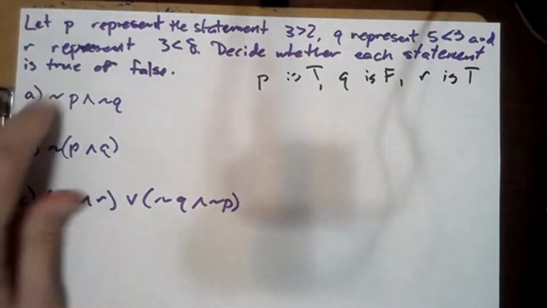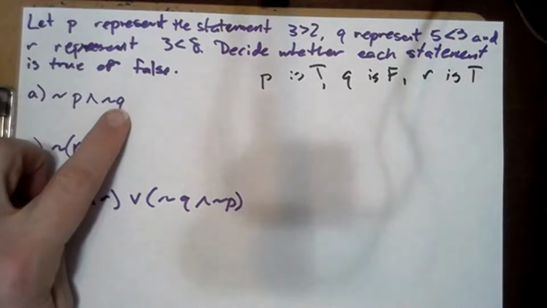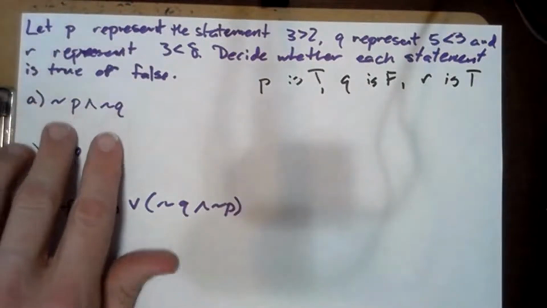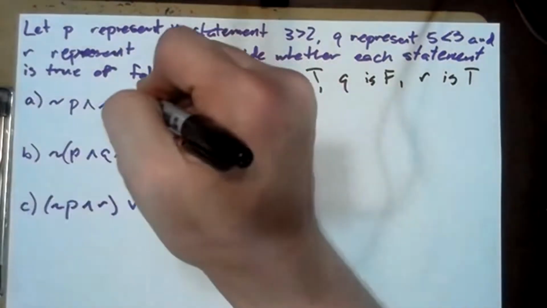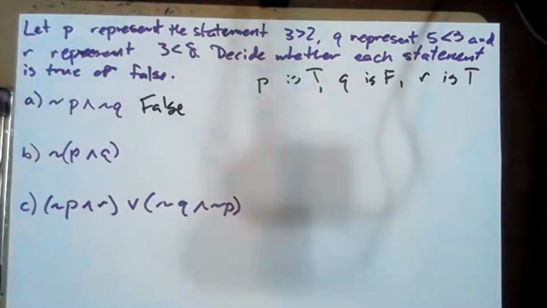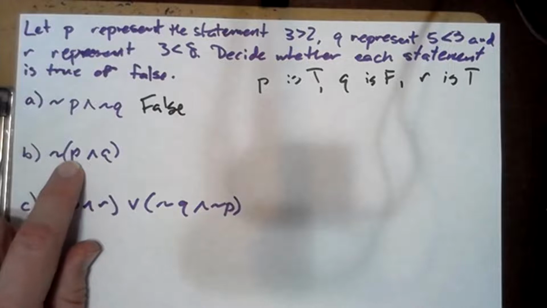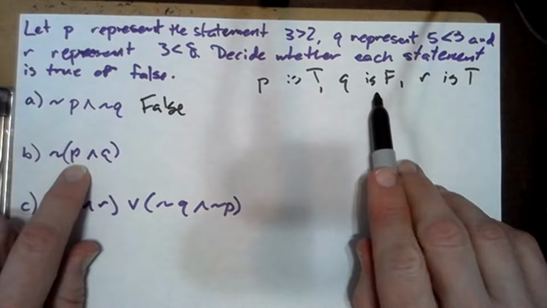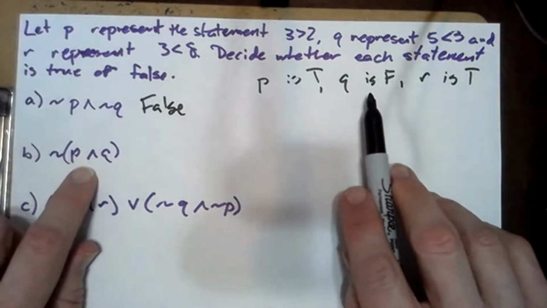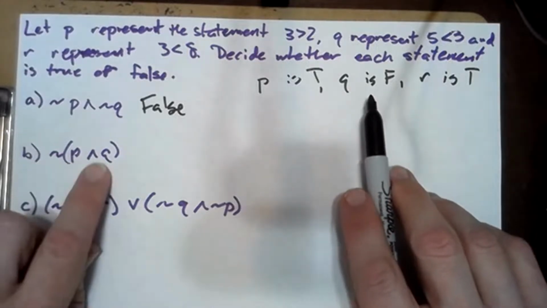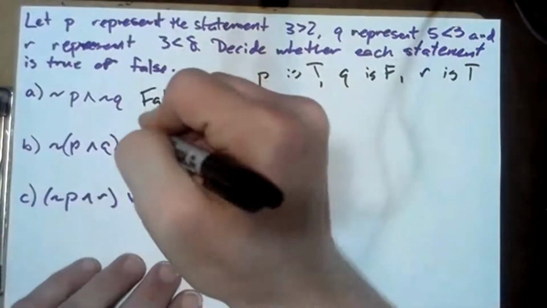Now, not P is false and not Q is true, but that means we've got false and true, which makes this false. Not P and Q. Well, P and Q: P is true and Q is false, so P and Q is false, so not (P and Q) is therefore true.